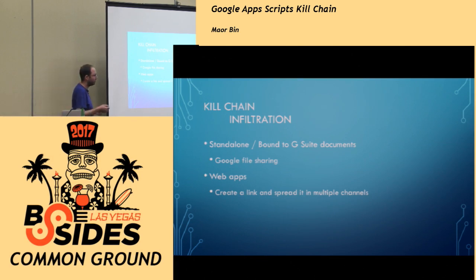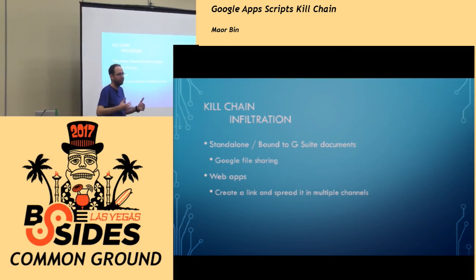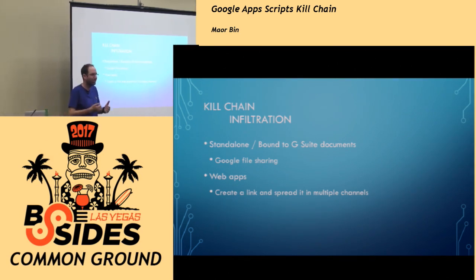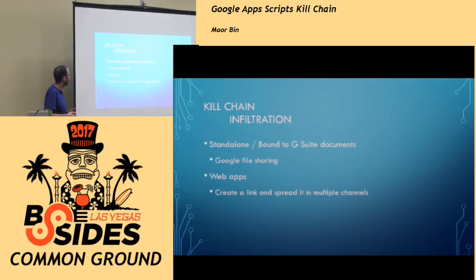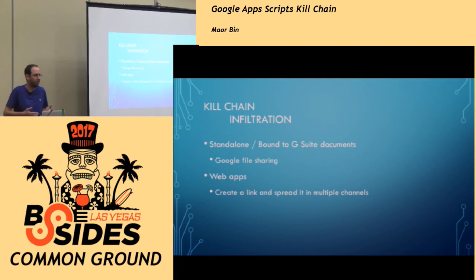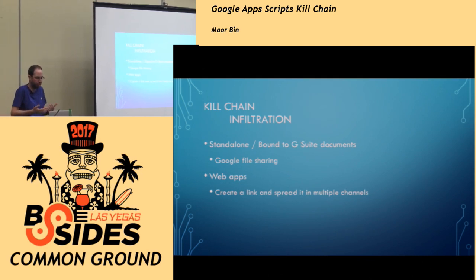As I said, I don't have a slide for each step of the kill chain, but I'll try to go over it with you. The first step is infiltration. How do we do infiltration?